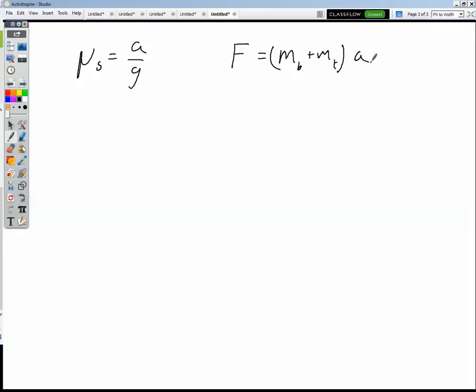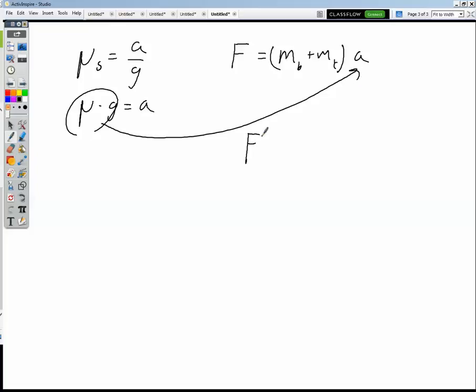So solving for the total force here, we've got mu times g is equal to a. So plugging that in over here for a, we see that the maximum force is the total mass of the system times mu g. That's the maximum force we can apply where the block doesn't slide on the textbook.